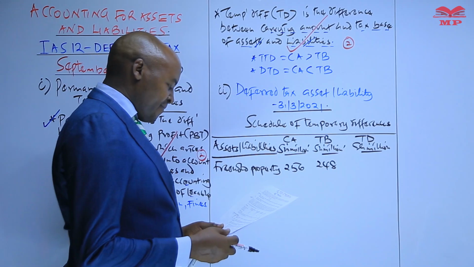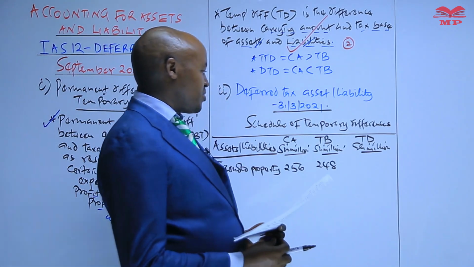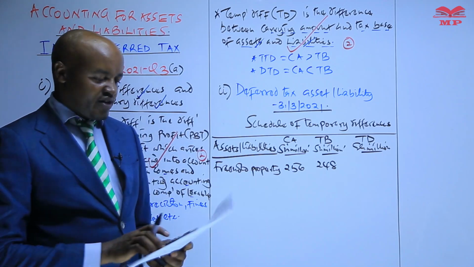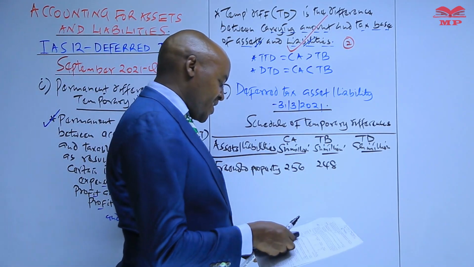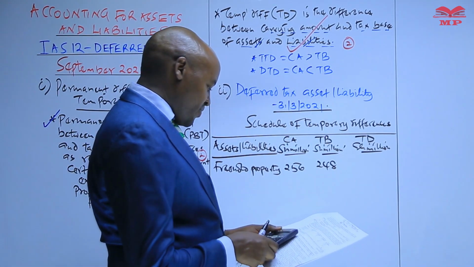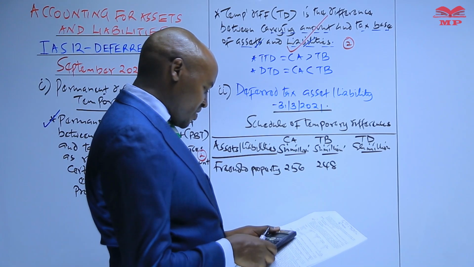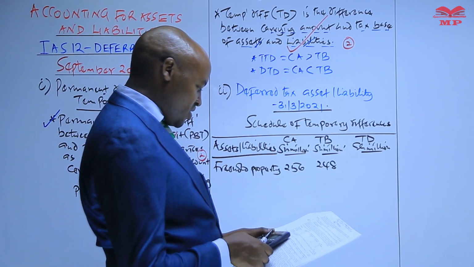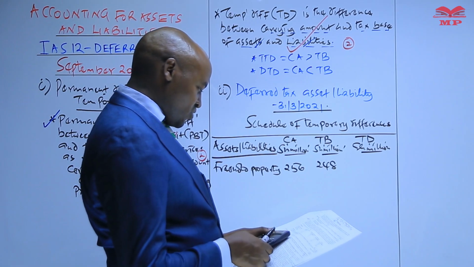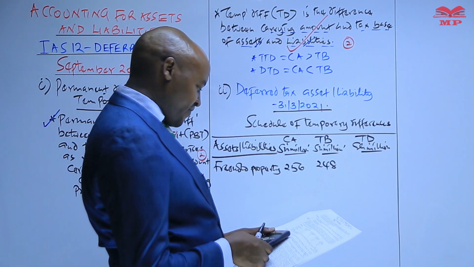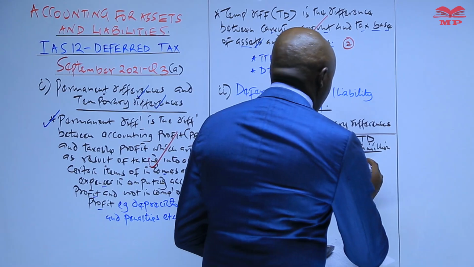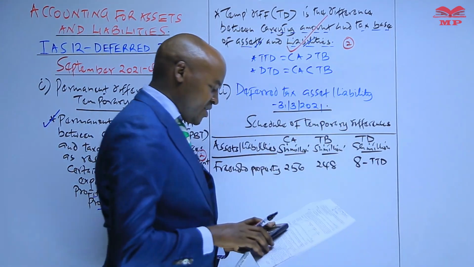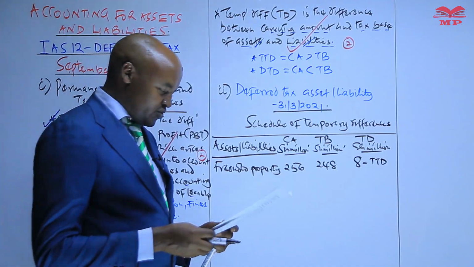We are told the directors have no intention of selling the property, meaning that it will be accounted for as an asset, as a non-current asset, that is. So we get the difference, 256 minus 248, that will give us a difference of 8 million, which is a positive, and therefore that is a taxable temporary difference. So we move to number 2.